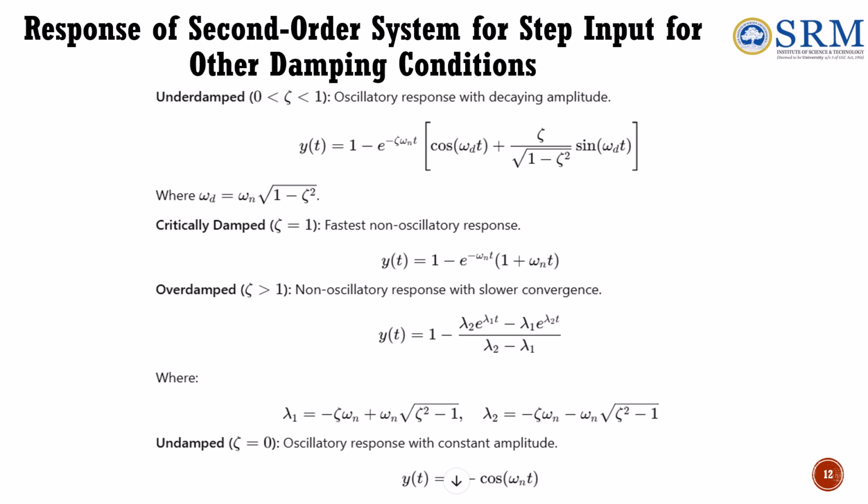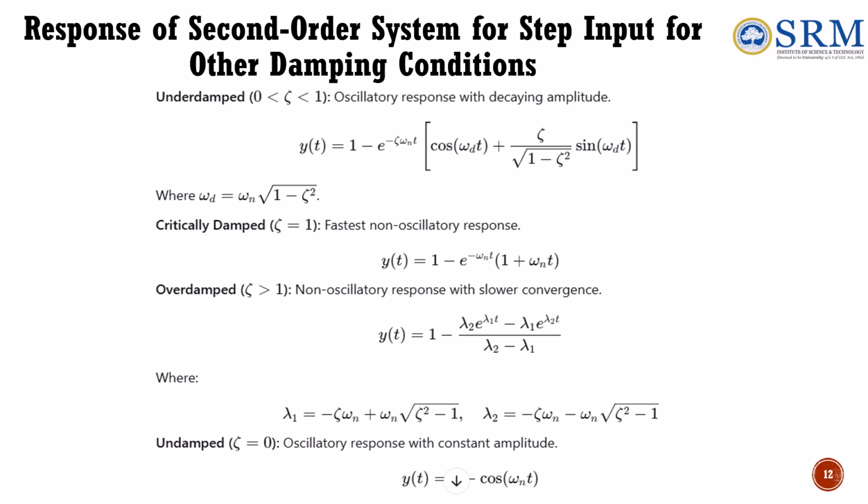For a critically damped system, that is zeta equal to 1, fastest non-oscillatory response can be obtained. So y of t will be equal to 1 minus e raised to minus omega n t into 1 plus omega n t.